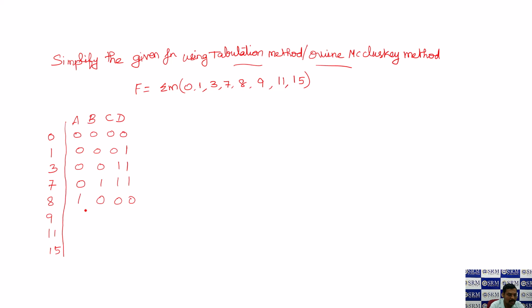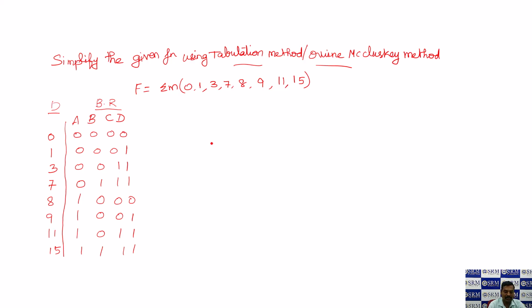For 9, 1001, for 11, 1011, and for 15, all ones, right? I am simply writing the binary representation. The decimal values were given, and as the first step I am writing the corresponding binary representation of the given minterms.